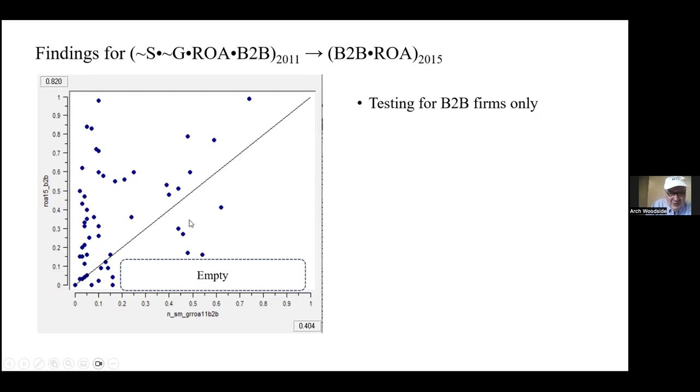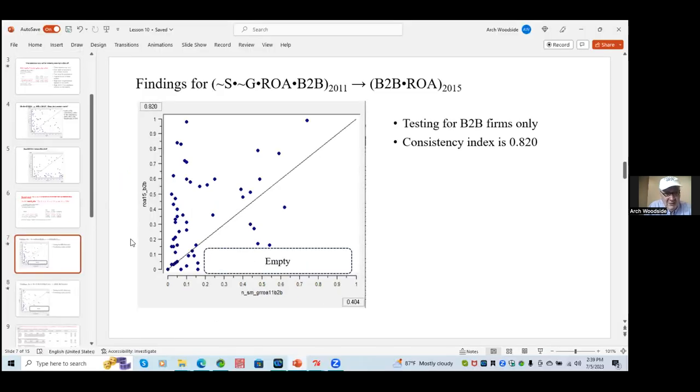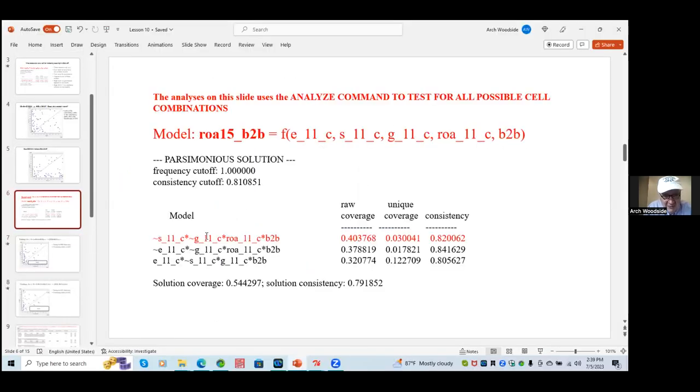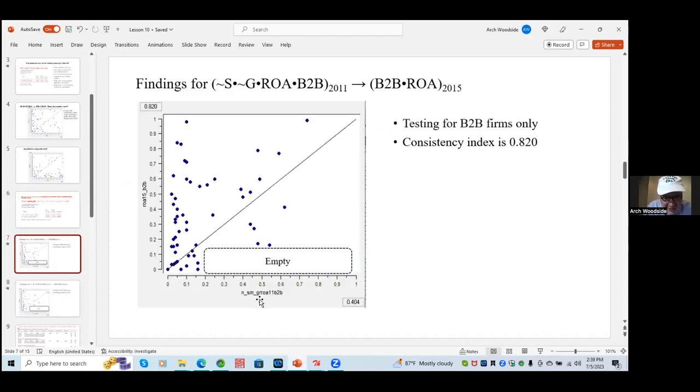We still have some firms that are in the middle in terms of the antecedent configuration of not S and not G. And if we go back here, this is not S and not G. I have MG, but it should be not NG on the x-axis.